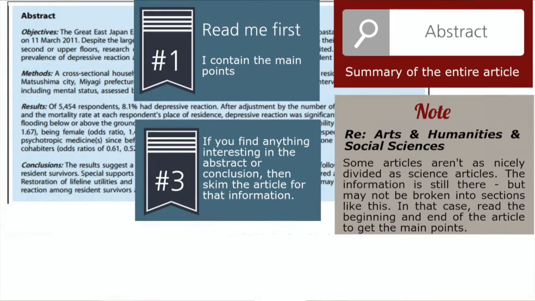And they will be key words that you will be becoming familiar with as you begin to get to know your area of study more and more. So the first thing that you read is the abstract, which is the summary of the entire article.